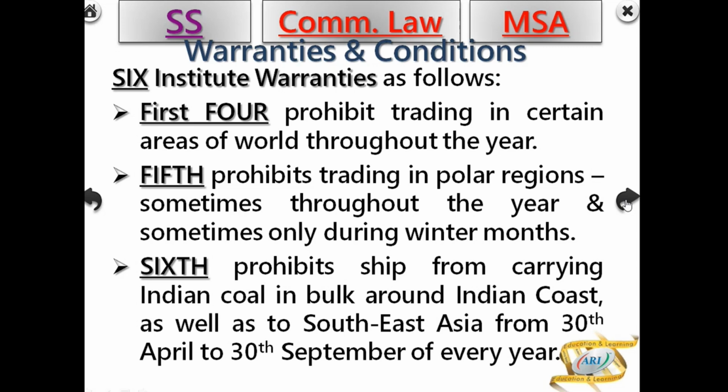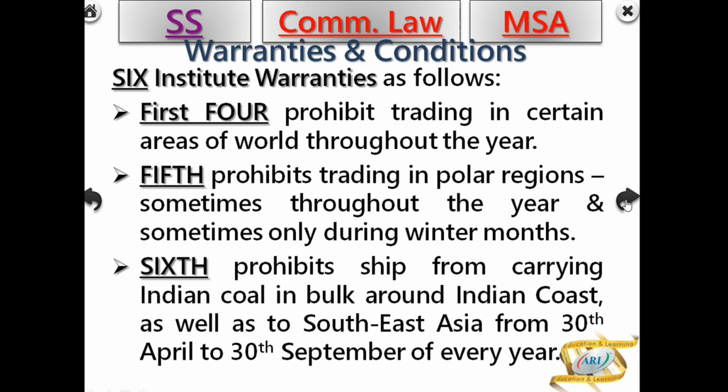Like Siberia, extreme corner north of Vladivostok, where I don't even know, I don't bother about it, you don't bother. 4 of them, you cannot go here, you cannot go here, mutually agreed upon. The 5th institute warranty prohibits trading of the vessel in the polar region, which is always taken as 75 degrees and above, north and south.